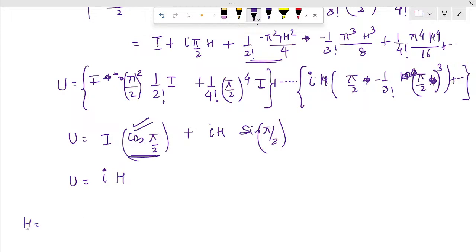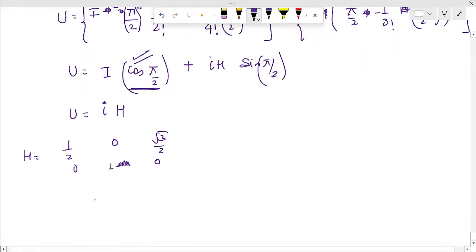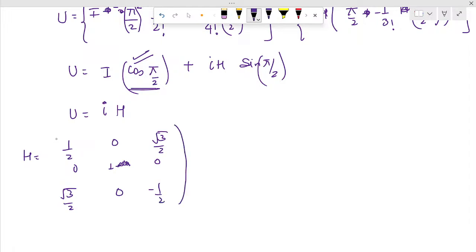And what was your h matrix? Your h matrix was given by 1 upon 2, 0, root 3 upon 2, 0, 1 minus 1, and then you had this 0, and again you had this root 3 upon 2, 0, and minus 1 upon 2. So what would be your u?